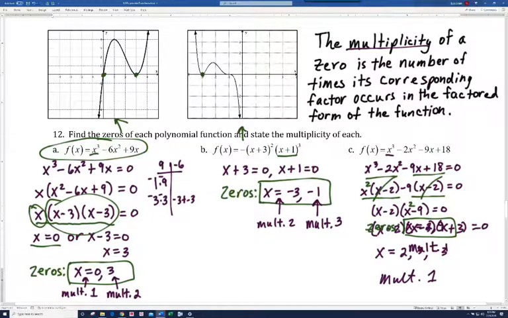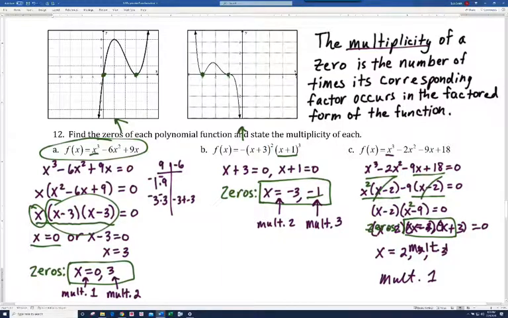What's happening there? Well, the graph's bouncing. And again, notice we have an even multiplicity. And then finally, if you look at x equals negative 1, the multiplicity is 3, which is odd. And notice at that zero, we actually cross.